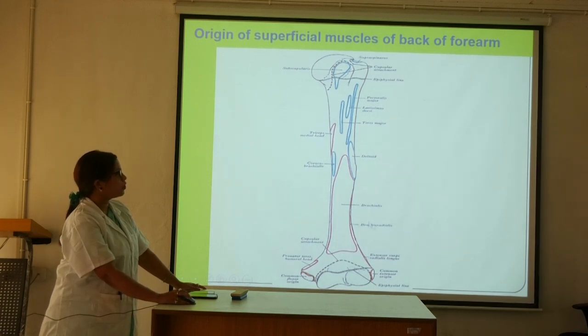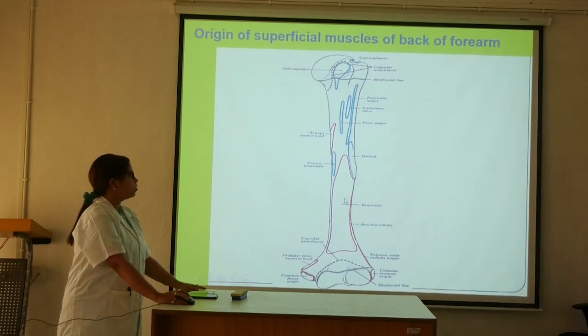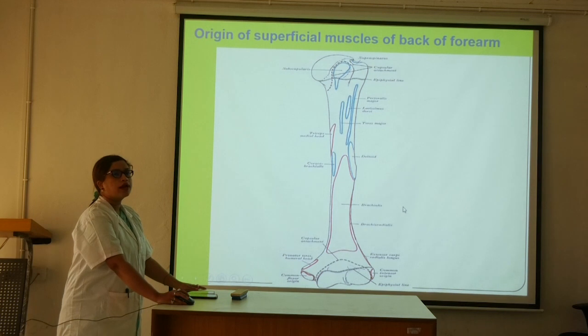Here you only have to see the origin of brachioradialis. See, this is the origin of brachioradialis, and these two are the extensor carpi radialis longus and extensor carpi radialis brevis. At the lower end of the humerus it takes its origin.